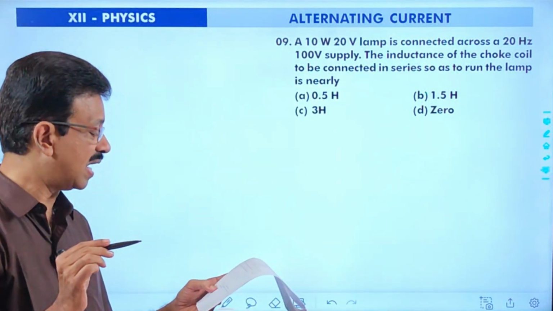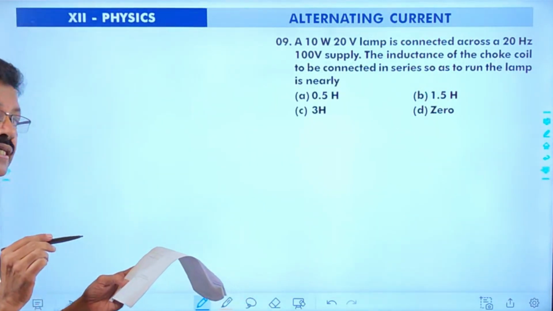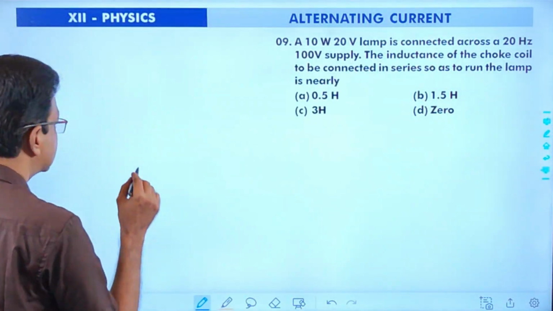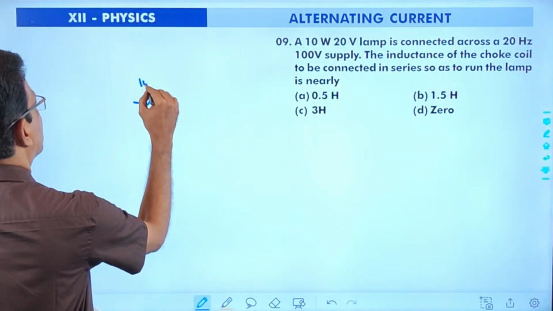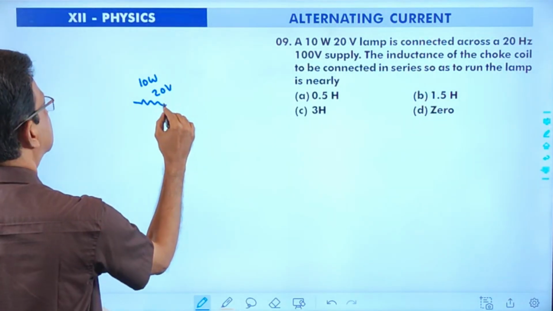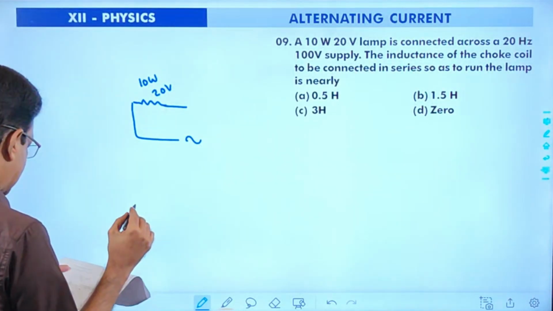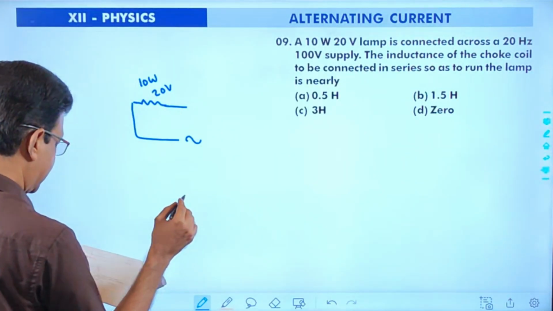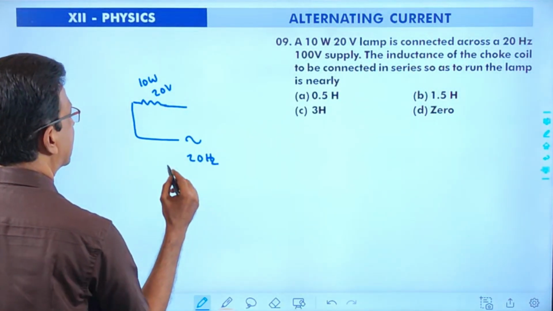A 10 watt, 20 volt lamp is connected across a 20 hertz, 100 volt supply. Lamp means a resistor. 20 hertz means it's an AC signal.